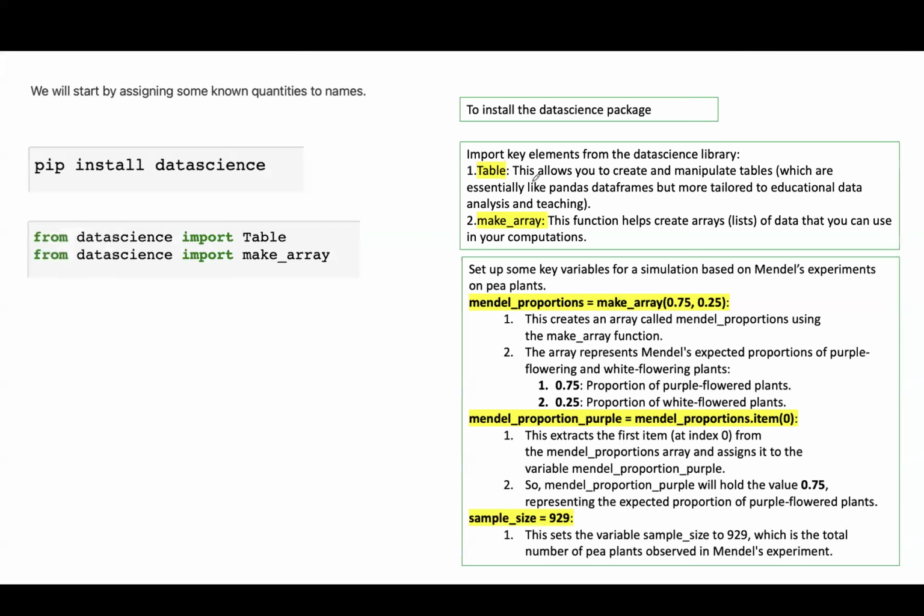As you remember, Table allows you to create and manipulate tables, and the make_array function helps you to create arrays of data. Now, let us make an array and set it to be mendel_proportions.